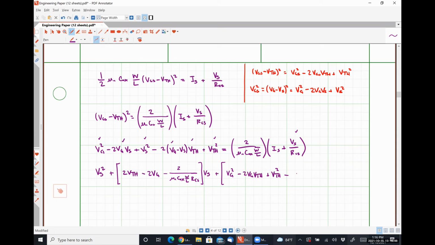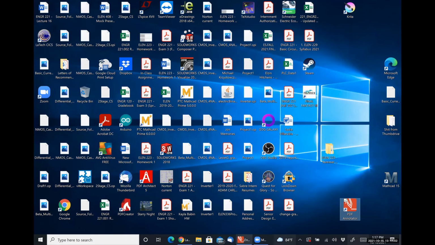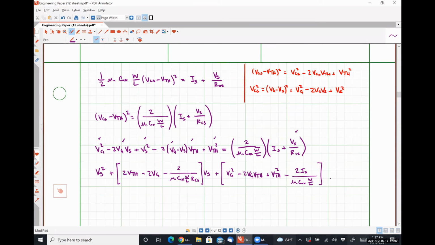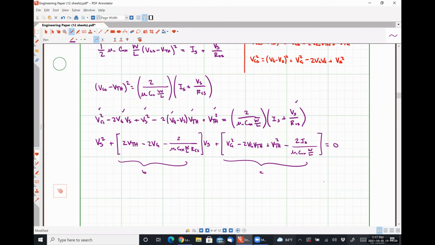And then over here, I'm going to have -2 IS over UN Cox W over L is equal to 0. And so this is my coefficient B. This is my coefficient C.